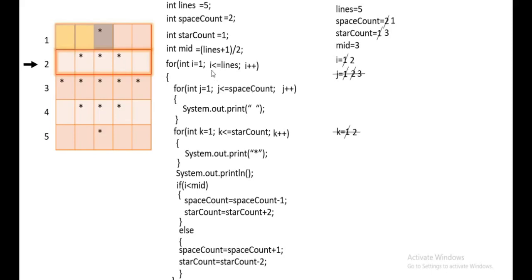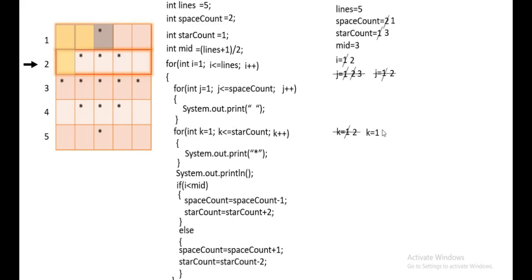Then 2 is less than or equal to 5, the condition is true, so we come to this for loop. Now j equals 1, 1 is less than or equal to 1, so print a space. Then j plus plus, j becomes 2, but 2 is not less than or equal to space count 1, so end this for loop and come to the next for loop.